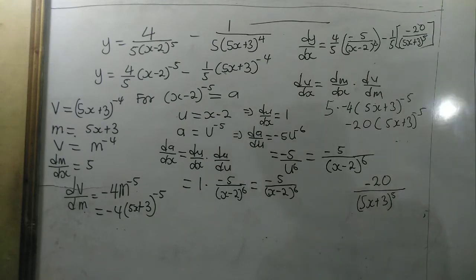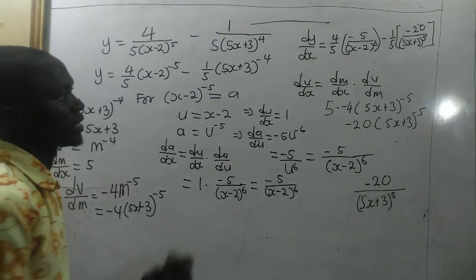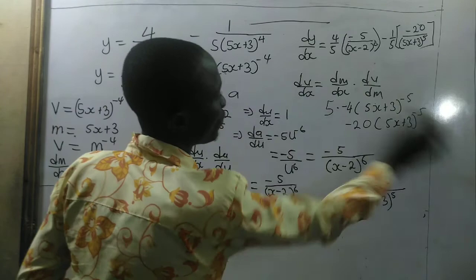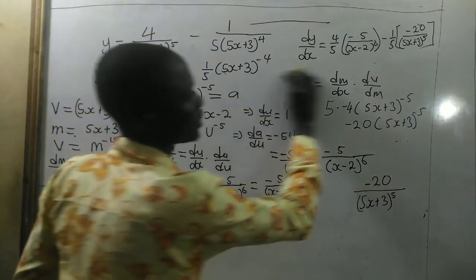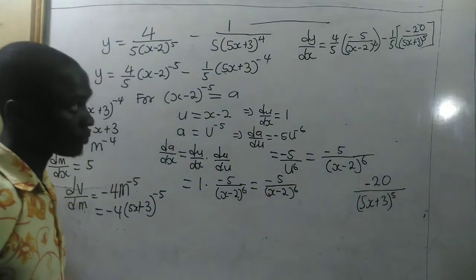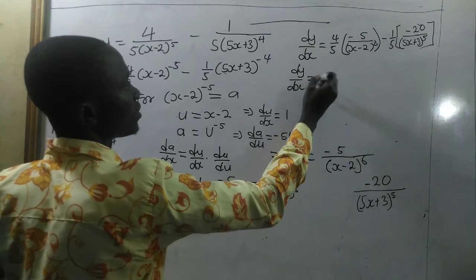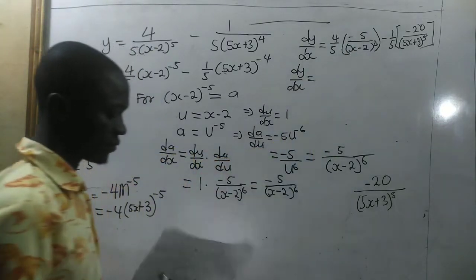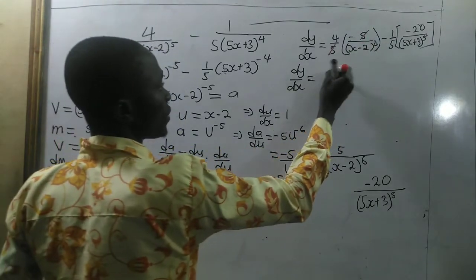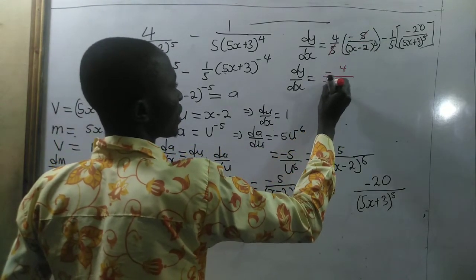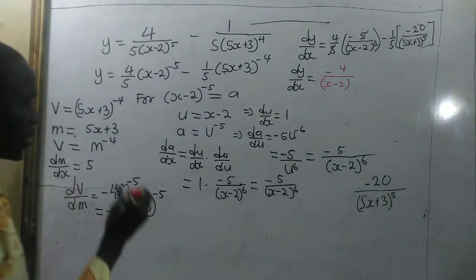Wow! Now you can clean some part of the board. Very simple as that. So let me clean this part off. Okay. So here, dy on dx. Here, this 5 will cancel this 5. So you have minus 4 divided by x minus 2 to the power, is it to the power 6?